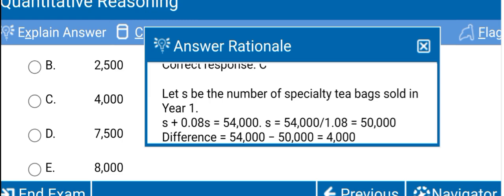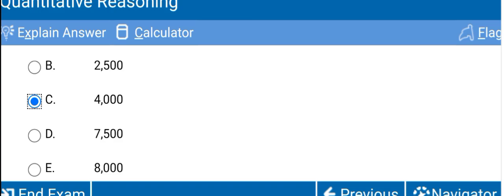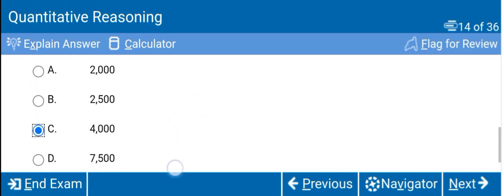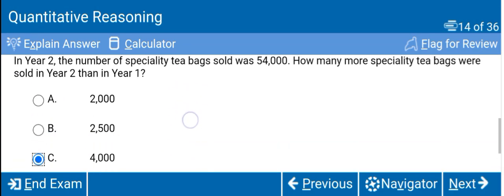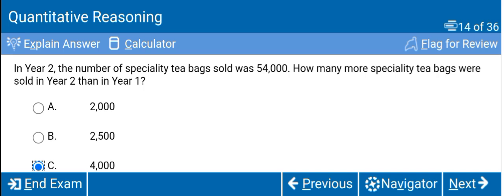Difference equals 54,000 minus 50,000 equals 4,000. So that's how the correct response is option C, which is 4,000 more specialty tea bags sold in year 2 than in year 1.